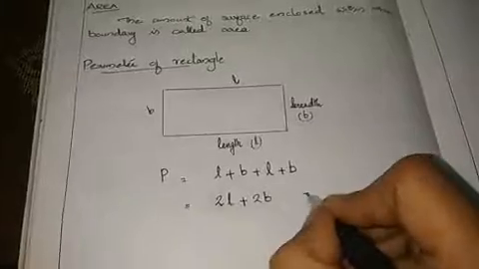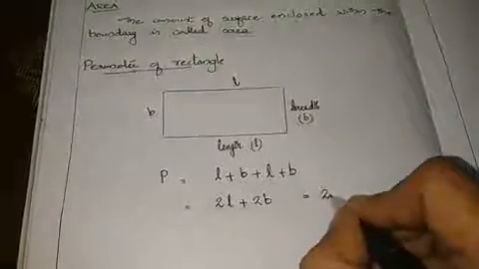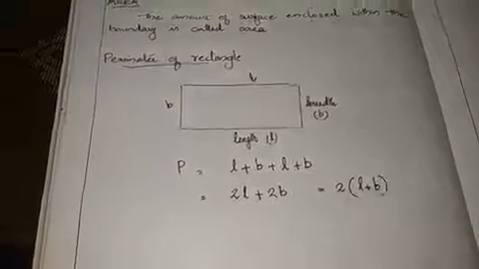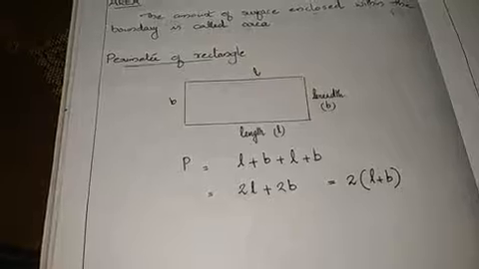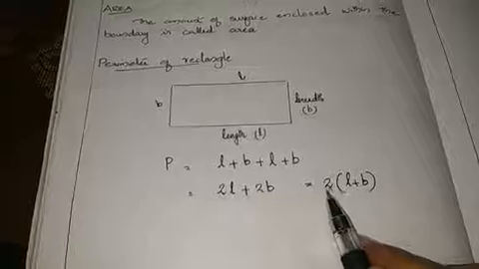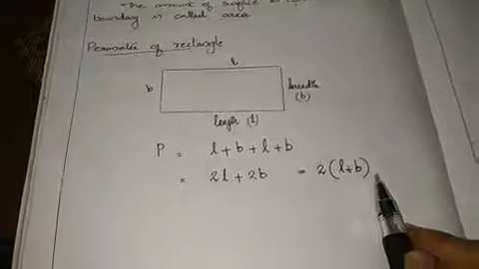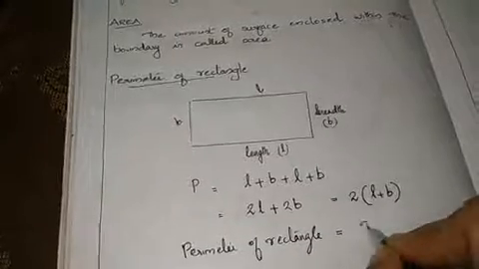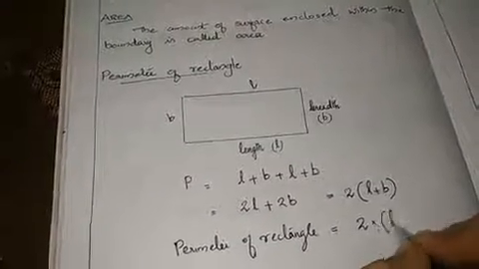So this I can write as 2 outside the bracket, then L plus B. So to find the perimeter of rectangle, there is an equation. That equation is 2 into L plus B. You know that bracket means into. So we can write perimeter of rectangle is equal to 2 into L plus B.